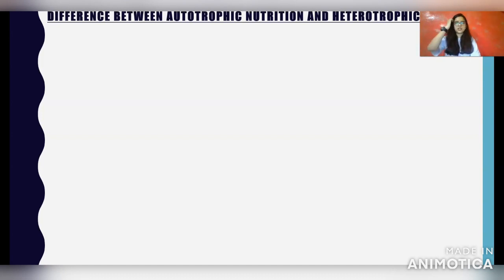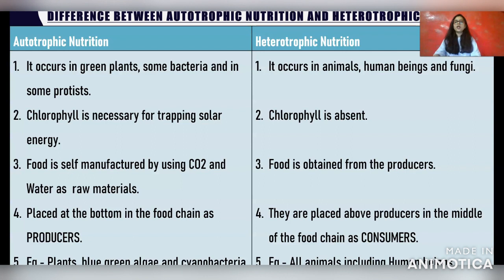First of all, we will learn the difference between autotrophic nutrition and heterotrophic nutrition. Autotrophic nutrition occurs in green plants, some bacteria and protists. On the other hand, heterotrophic nutrition occurs in animals, human beings, and fungi. Autotrophic nutrition involves chlorophyll.